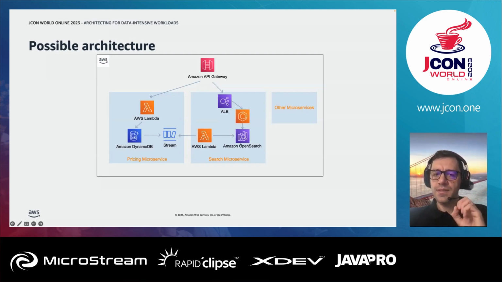Then if I'm searching for a specific hotel, location, price, or date, an index search will be much faster than searching directly from Dynamo. So we are streaming those changes to OpenSearch, and we do the search. Afterwards we can use other microservices, for instance, to do the booking itself, like blocking the room and doing the payment for a specific room.